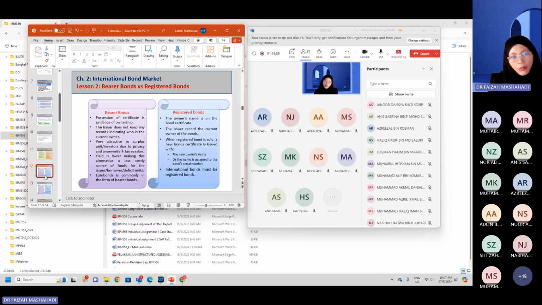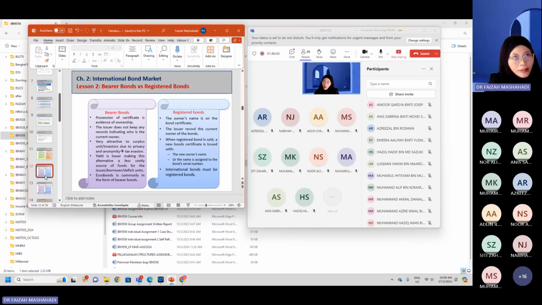What's the difference between these two, bearer and registered bonds? Bearer bonds, we're talking about the evidence of ownership being the possession of the certificate. You have the certificate with you, so you are the owner of the bonds. So that one is bearer bonds.